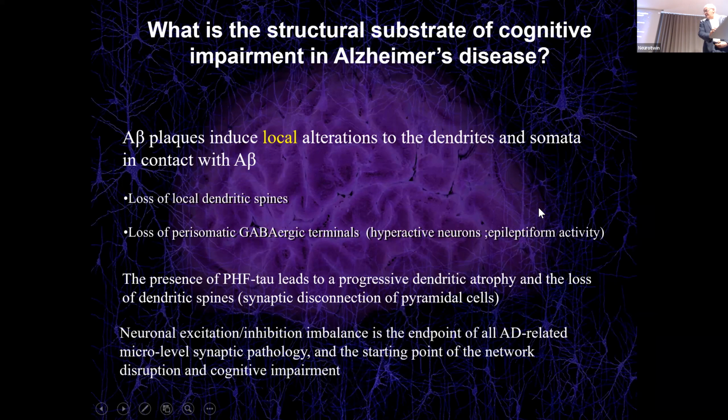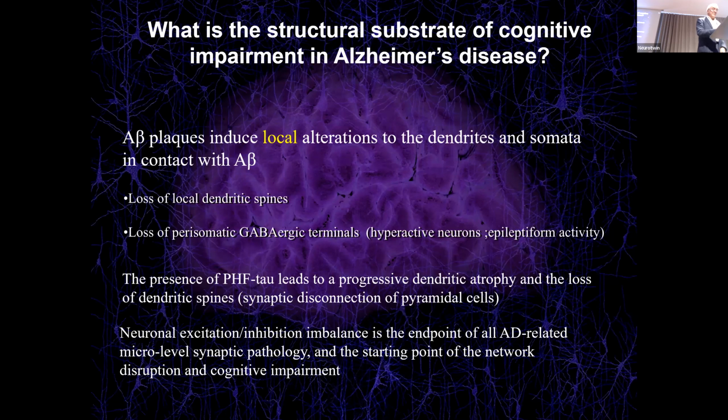So this neuronal excitation-inhibition imbalance is the endpoint of all Alzheimer's disease microscale synaptic pathology. You have the beta amyloid and the tau, and both of them give rise to an imbalance between GABA and glutamate, and this is the starting point to network dysfunction and cognitive impairment.